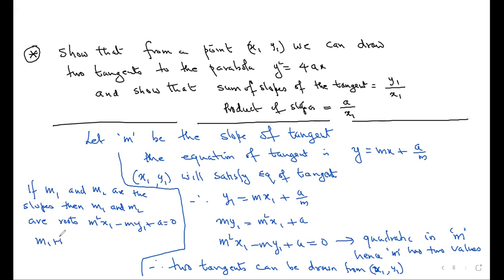Therefore, m1 plus m2, the sum of the roots, is y1 upon x1. Product of the roots is a by x1. If you want, you can calculate the difference of the slopes, all that can be calculated. This theory, I hope you understood. I'm going to send you all the theory, everything in the worksheet, okay? So you can read them also. This is my explanation.